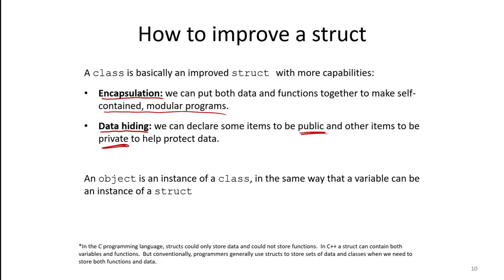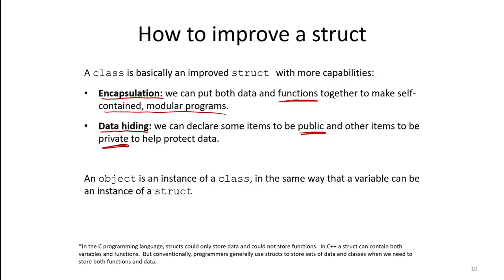So this adds a layer of protection into our data. We can prevent people from jumping inside our struct and messing with our data. So classes allow us to have a lot more control over our data, and they also allow us to add new functions and new capabilities.